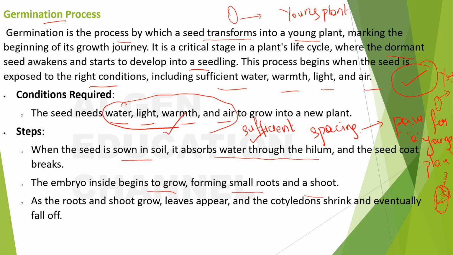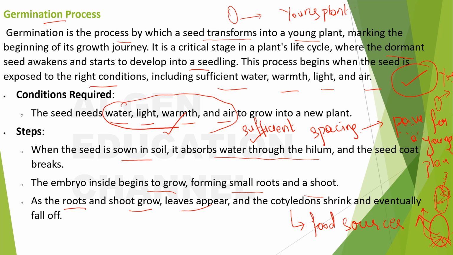Then as the roots and shoots grow, leaves appear and the cotyledons shrink and eventually fall off. Why? Because cotyledons are the food source. Now the baby plant is no more confined to the seed. It is growing, and it can take everything from the soil, because it has roots.